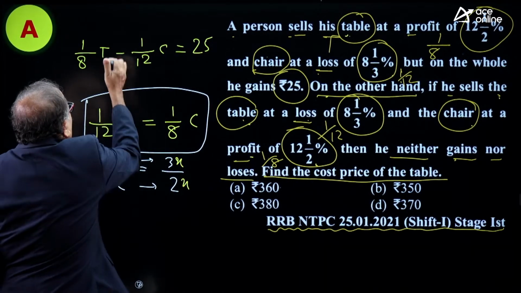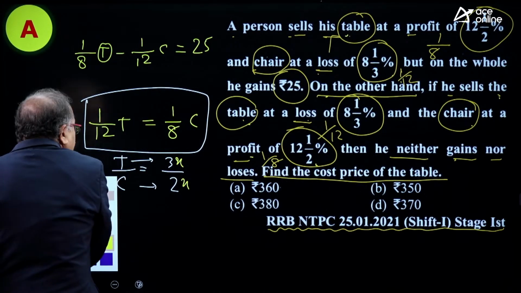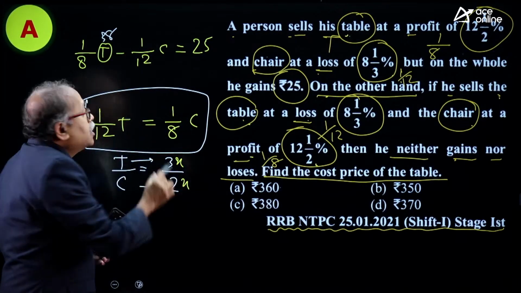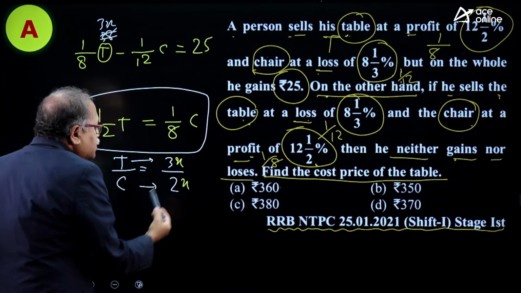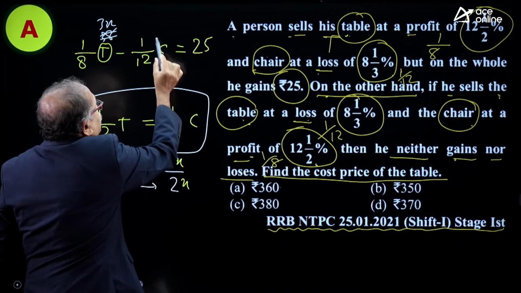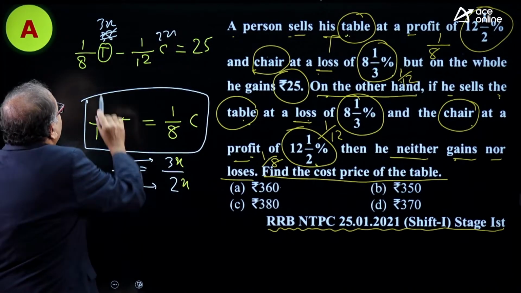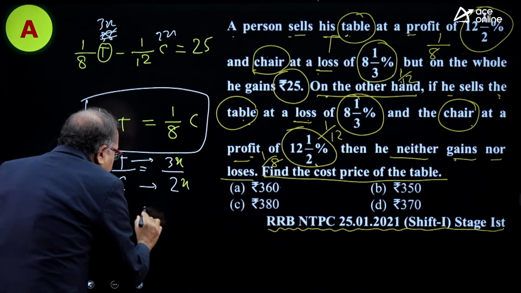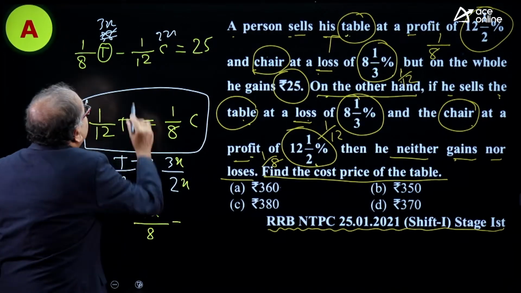So in the place of table, I will place 3x over here, and in the place of chair, he placed 2x. What Deepak did, I am just copying it. So that is 3x/8 minus, what is this one?